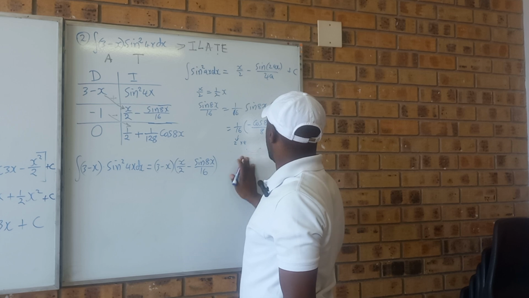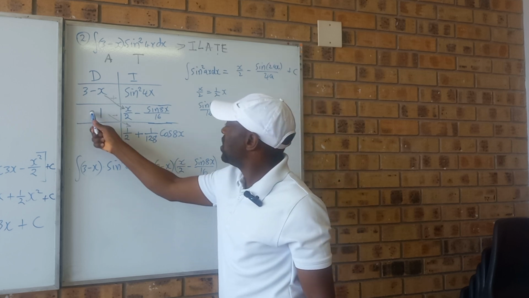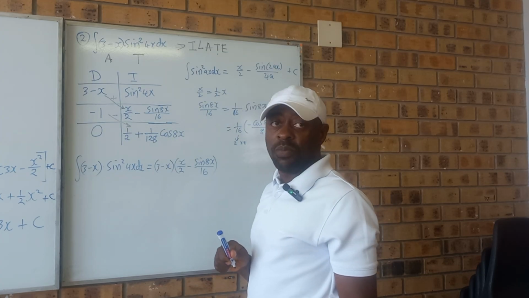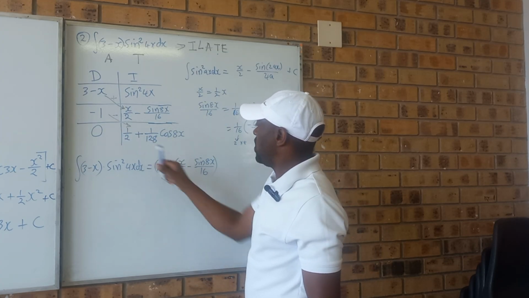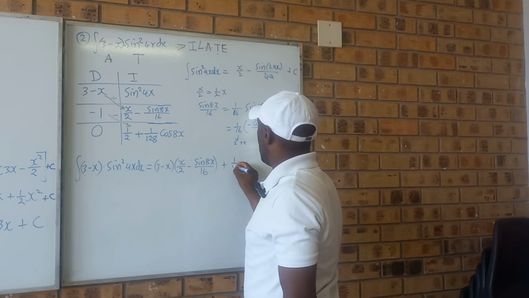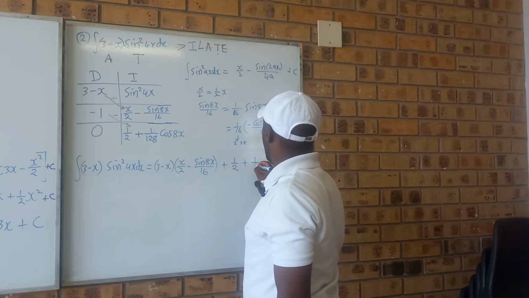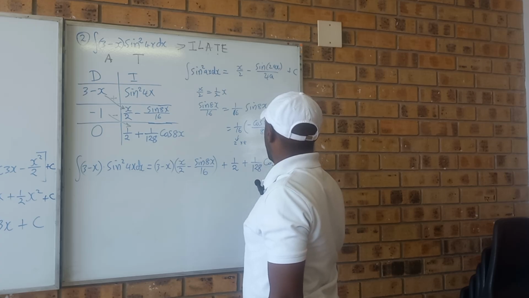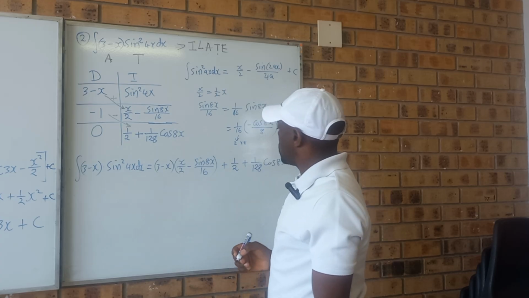Then I'm taking this one off, then the second term will be this. You see there's a negative one and another negative, that becomes a positive one, multiplying all of this, so I end up with 1 over 2 plus 1 on 128 cos 8x plus c. So that's how simple my answer is.